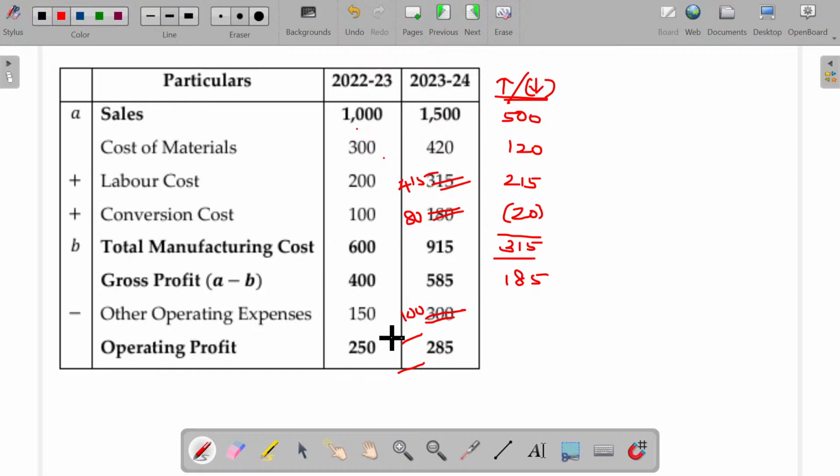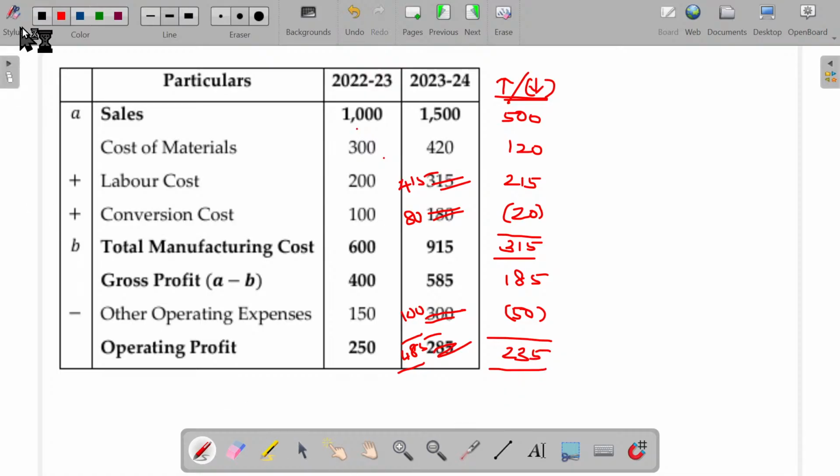Then ultimate value being 485 profit. So in case of other operating expenses, 50 rupees decrease is there, and ultimately the change in profit being 235.